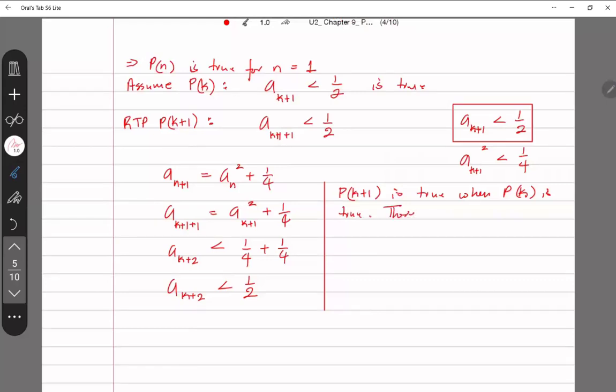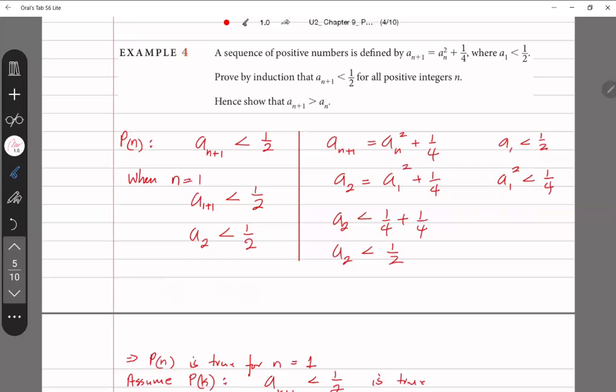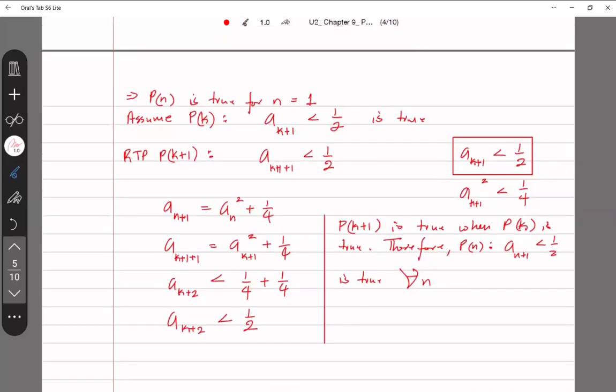Therefore, P_n, which is the statement a_n is less than a half, is true for all n, which is an element of the set of natural numbers.